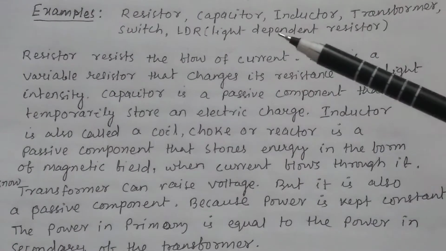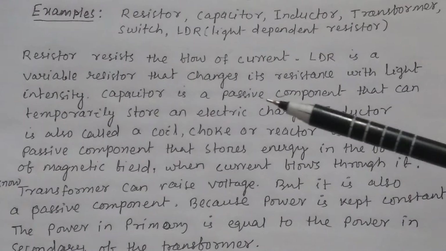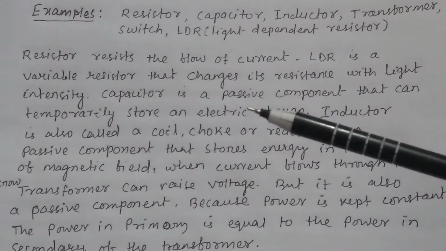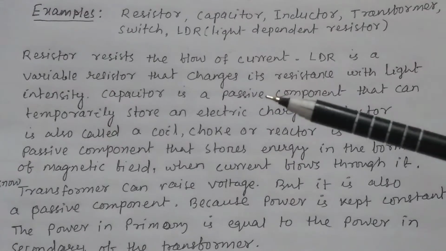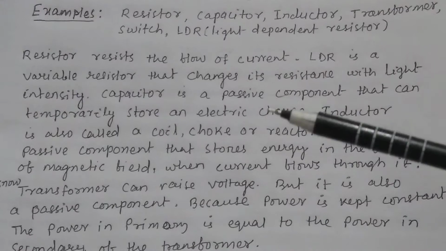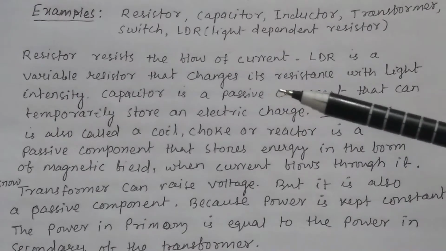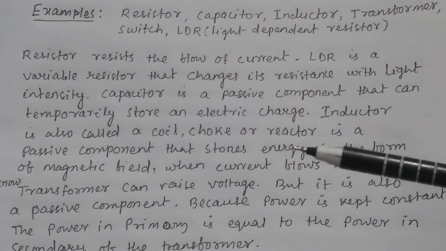That is why an LDR is also called a passive component. A capacitor is a passive component because a capacitor temporarily stores electric energy in the form of electric charge. It cannot amplify or generate energy. That is why it is called a passive component.